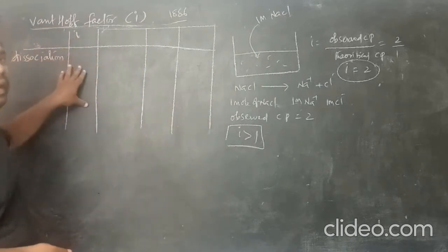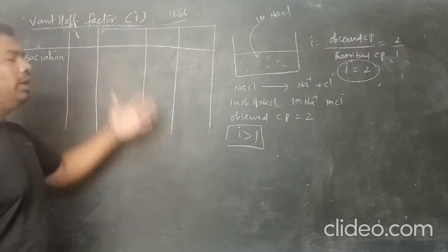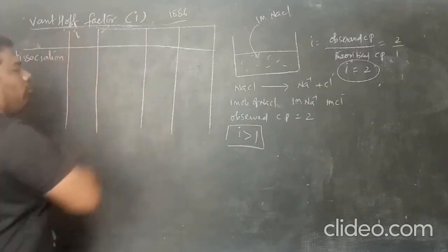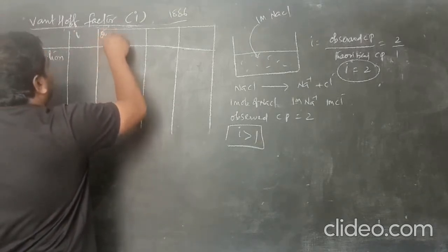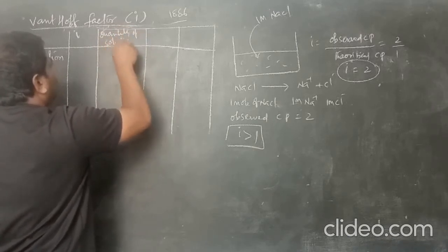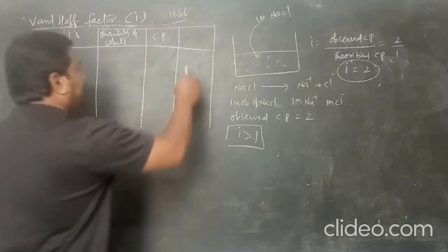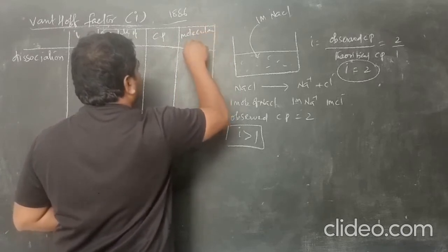So we will write a table. When the given electrolyte solution dissociates in the solution, here we will write the i value, the quantity of solute, the changes in colligative property and the changes in molecular mass.